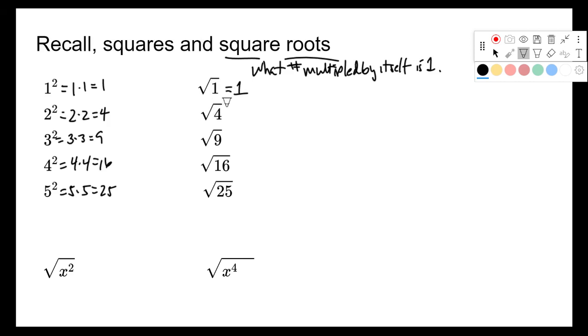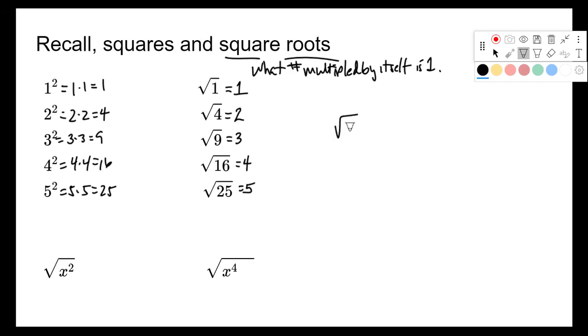The square root of 4. What number multiplied by itself is 4? 2, because 2 times 2 is 4. The square root of 9. What number multiplied by itself is 9? Well, that's 3. What's the square root of 16? 4. The square root of 25 is 5, because 5 times 5 is 25.